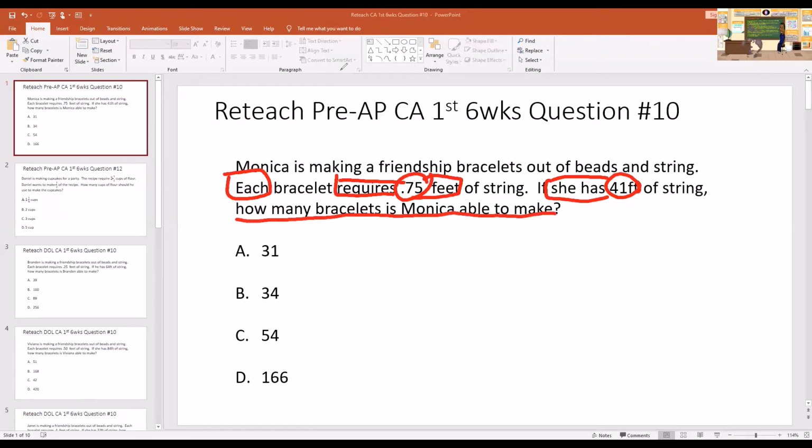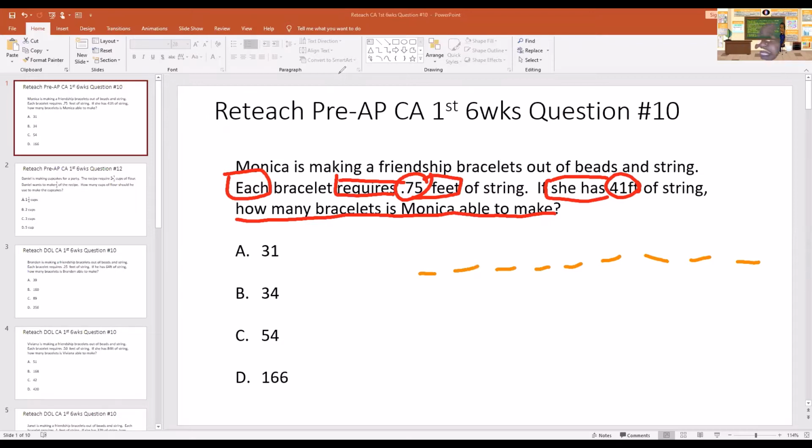Now, I want to think about what Monica is making. She has bracelets that she's going to try to make, but we have a string, and this string is one piece. What they're asking us to do is to break 41 feet of string down into individual pieces of 7/500ths of a foot, and figure out how many pieces we will have.